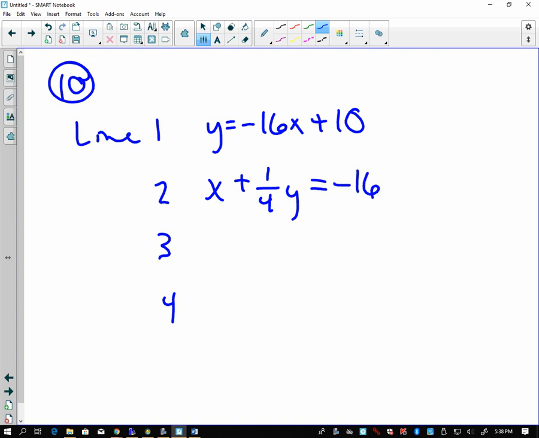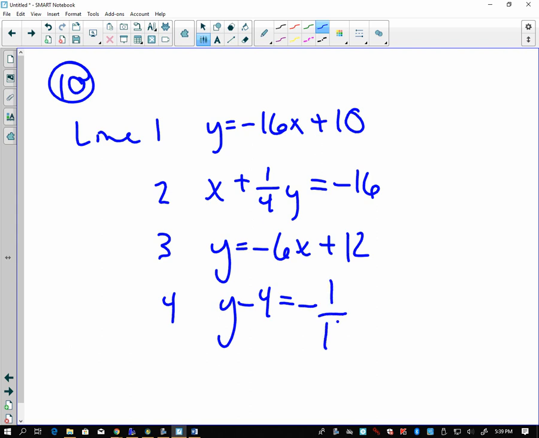The next one could be y equals, let's say negative 6x plus 12. The last one might say y minus 4 equals negative 1/16 x minus 16.